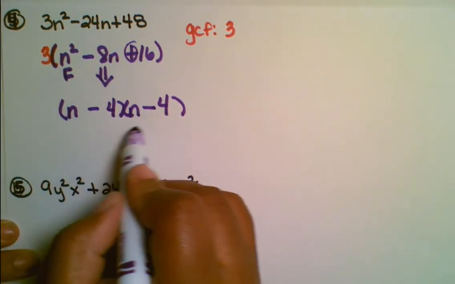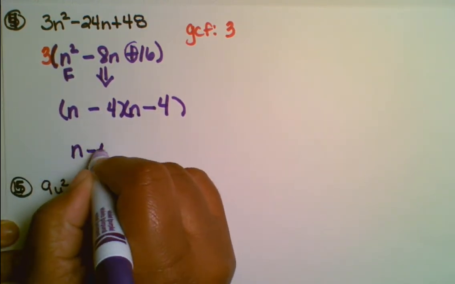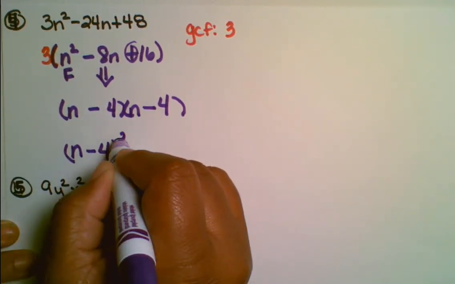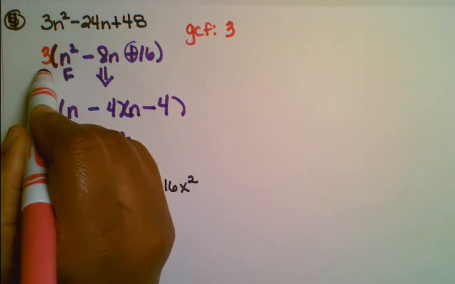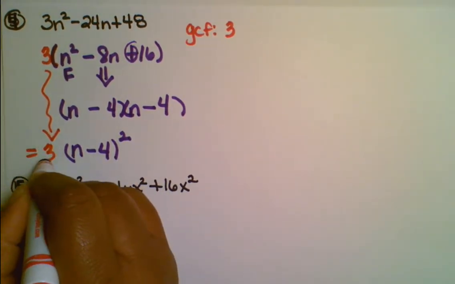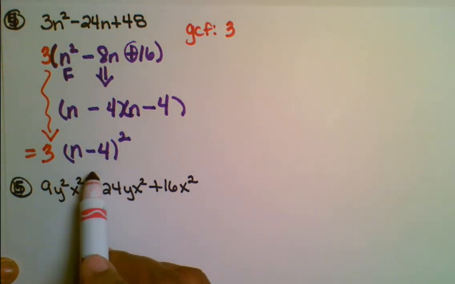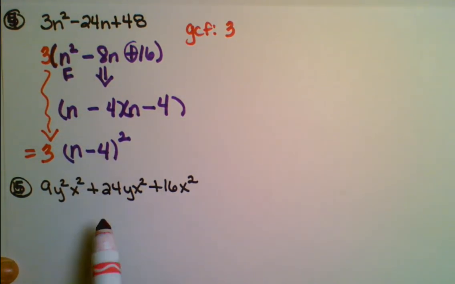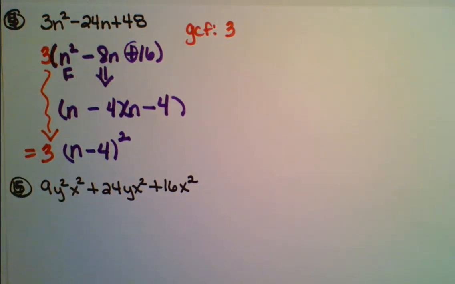And now that we have two identical binomials, we can write it as a binomial squared. But as we write our final answer, don't forget about the GCF because that was part of the factoring process. So our solution is 3 times n minus 4 squared, or 3 times the quantity of n minus 4 squared.